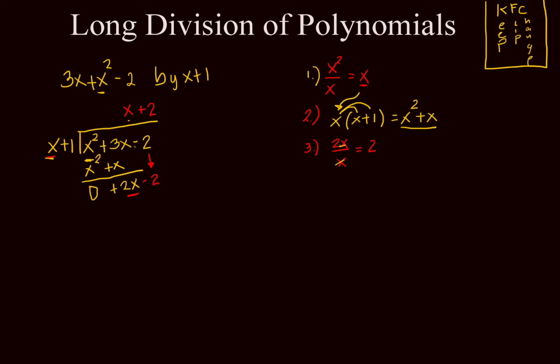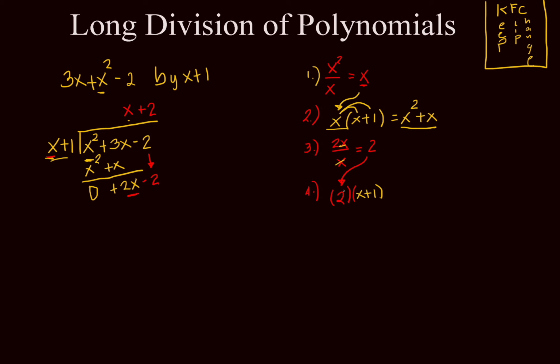Next step, this 2, we are going to use it for step number 4. I am now going to multiply my 2 to my x plus 1. It's very similar to what we just did on step number 2.